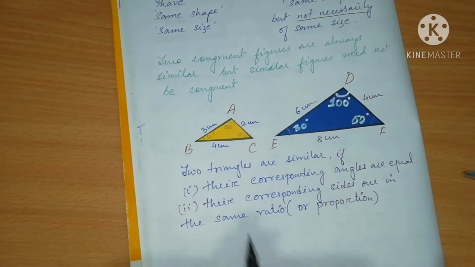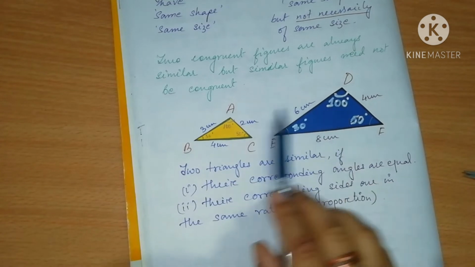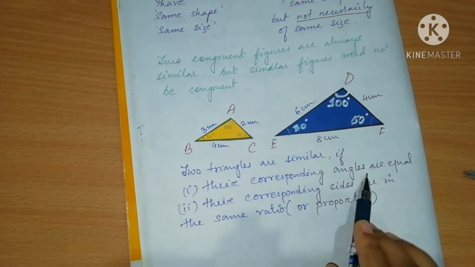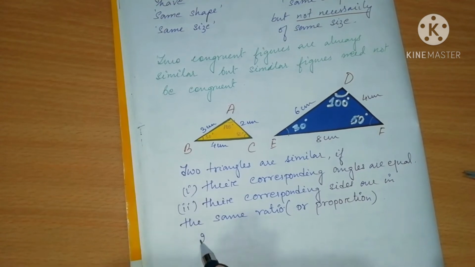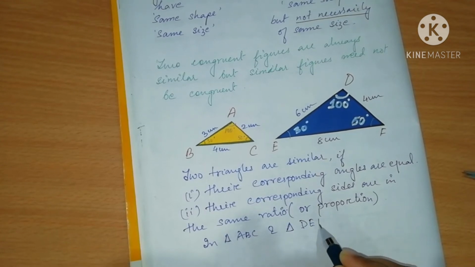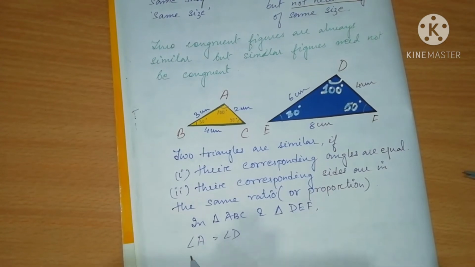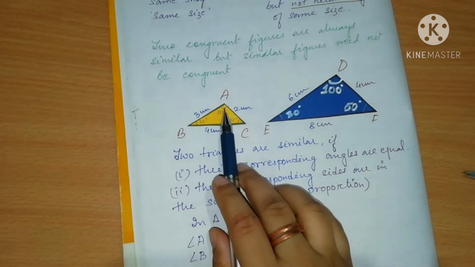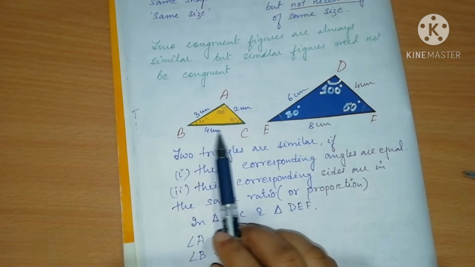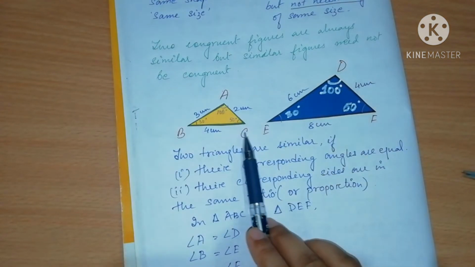So in this case, angle A is 100 degrees, angle D is 100 degrees. That means angle A is equal to angle D, as the corresponding angles should be equal. So in triangle ABC and triangle DEF, angle A equals angle D, angle B equals angle E, angle C equals angle F. Angle A equals angle D, 100 degrees; angle B equals angle E, 30 degrees; angle C equals angle F, 50 degrees.